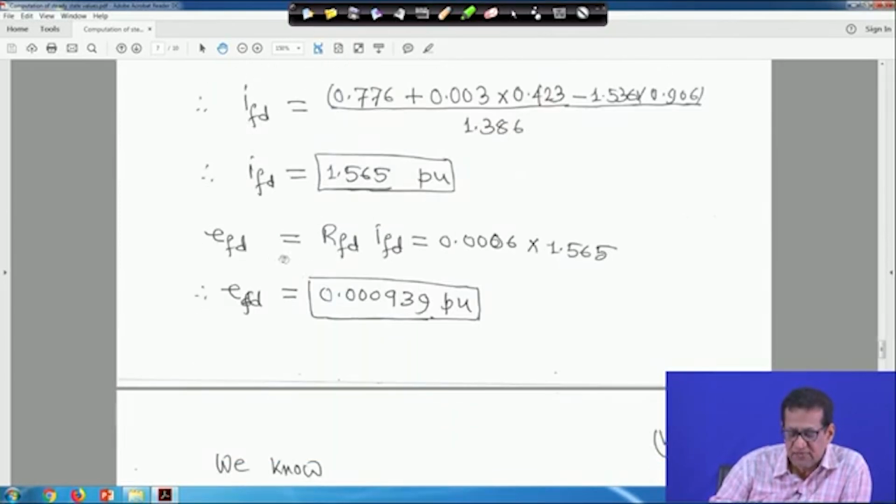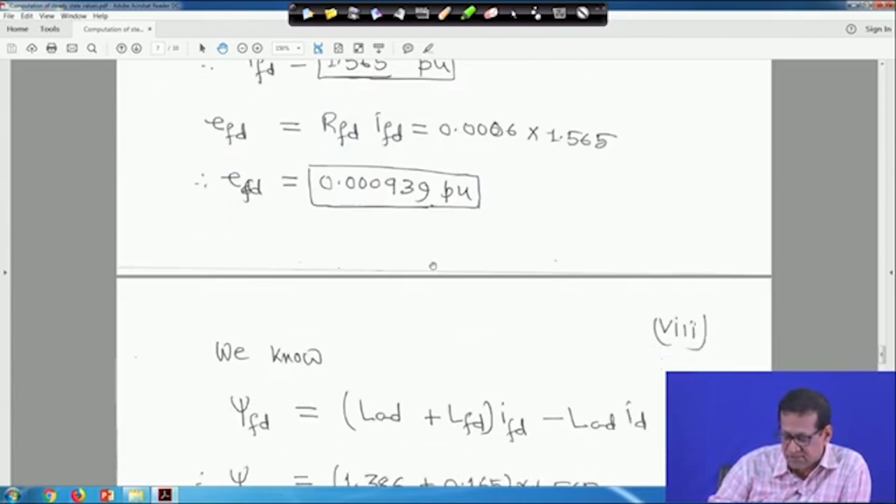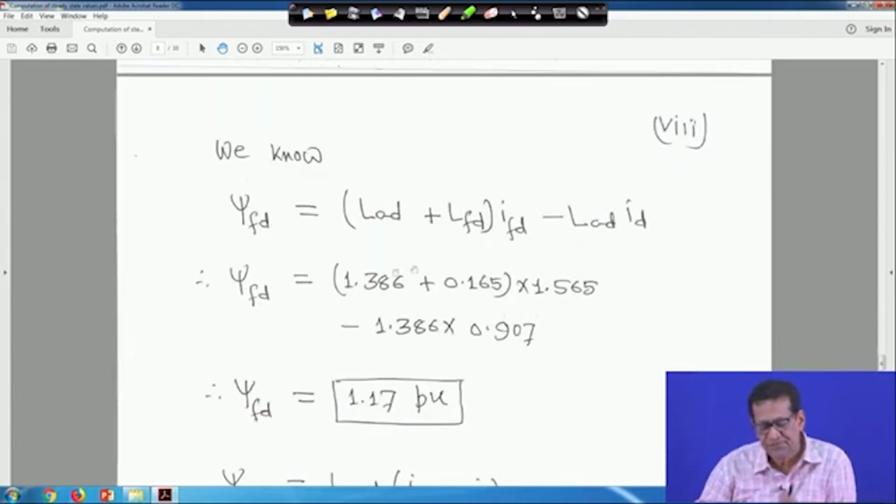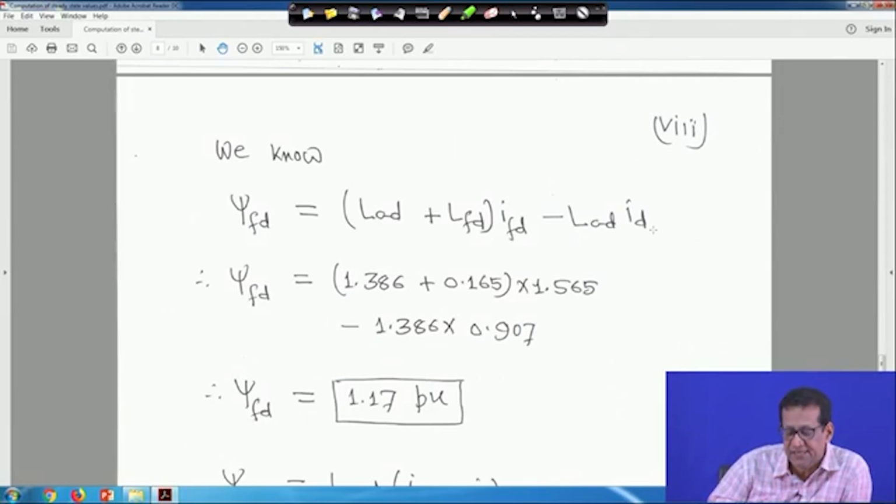And we know EFD is equal to RFD into IFD. So, RFD is 0.0006 into 1.565. So, EFD will be 0.000939 per unit, right. So, we also know that psi FD is equal to (LAD plus LFD) into IFD minus LAD into ID, right.